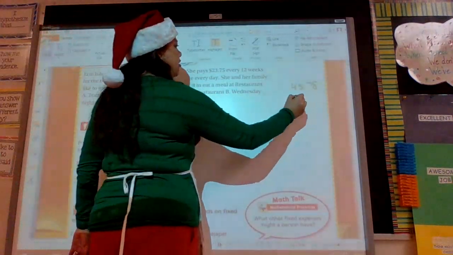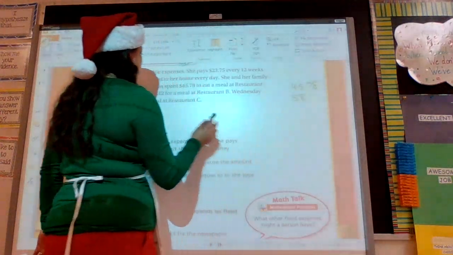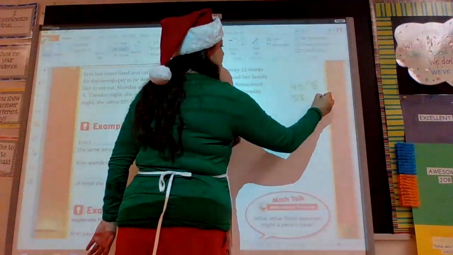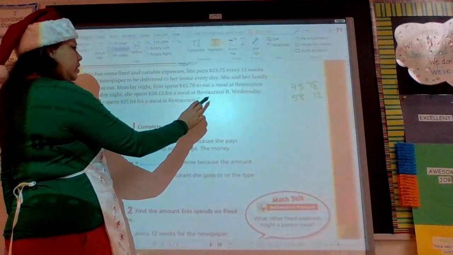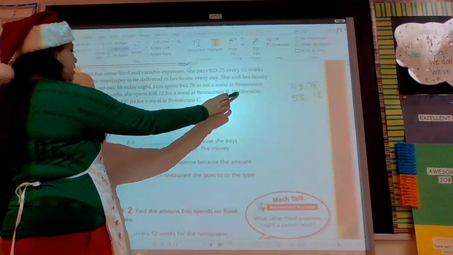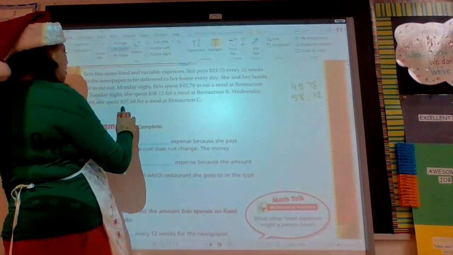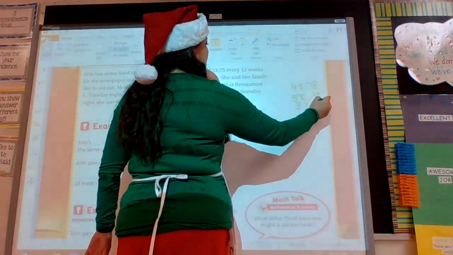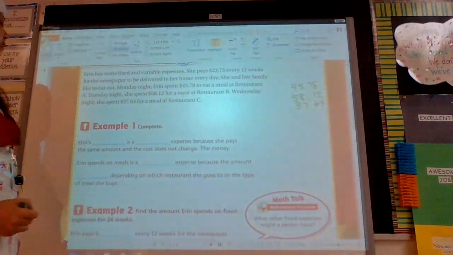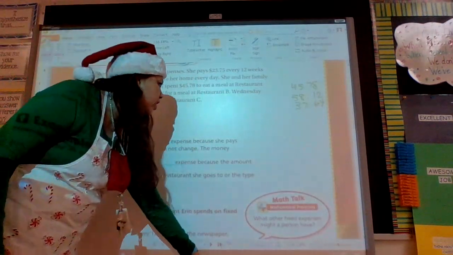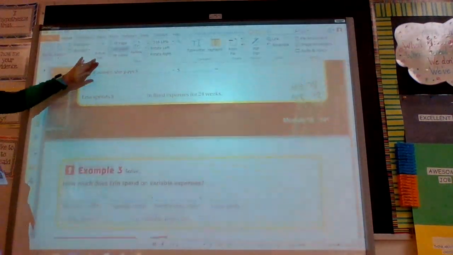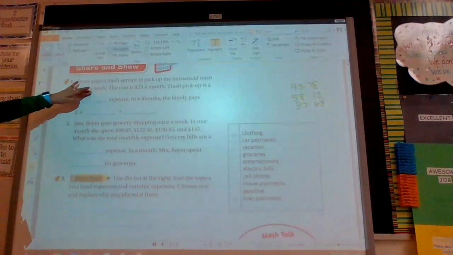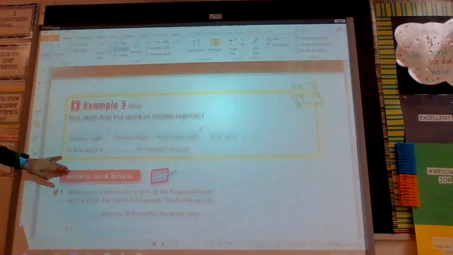Tuesday, $58.12, for restaurant B, and Wednesday, which is her restaurant C, she spends $37.64 for a meal at restaurant C. So now I can come in, because I know that these are the expenses that she spends.